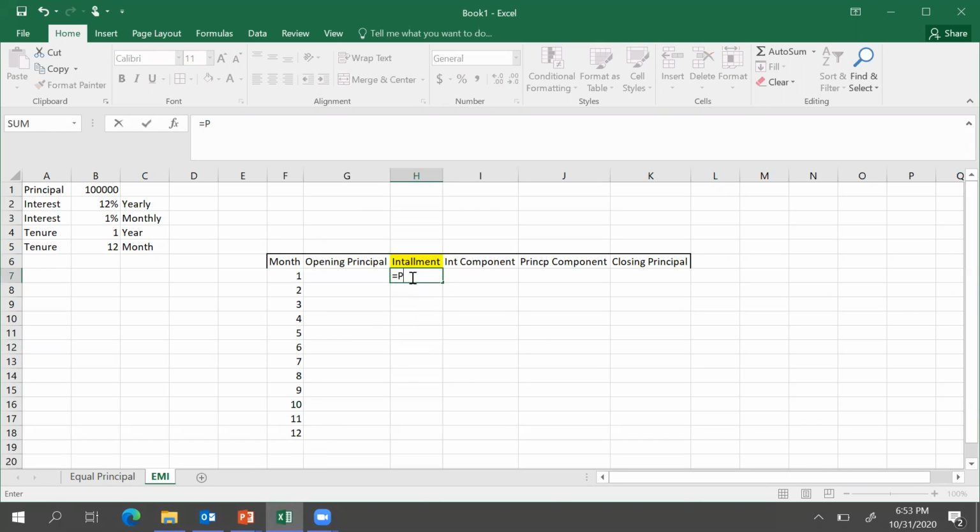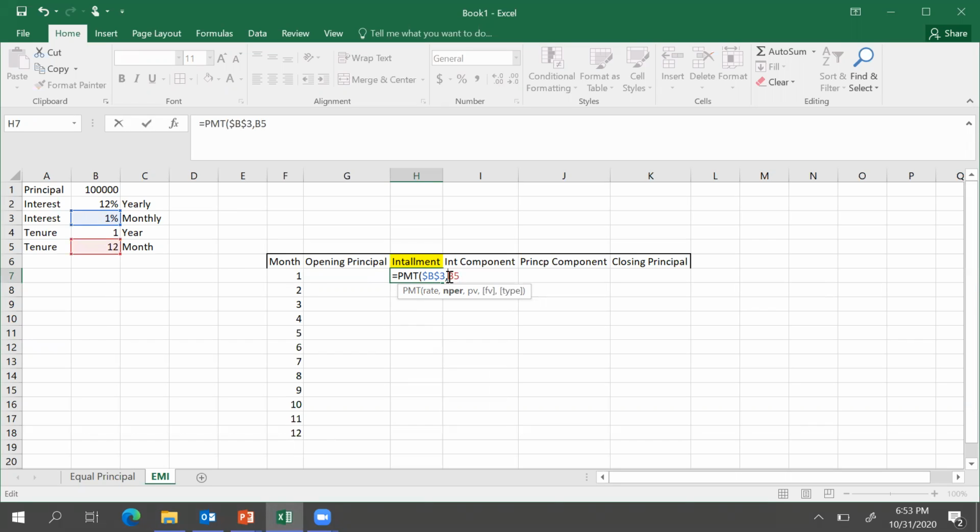For the installment, we use the PMT formula in Excel. So here what is the rate? It's 1% because it's the monthly interest, and the repayment is going to happen every month. Again, fix them. Fixing is important. The number of repayments is how many? 12.